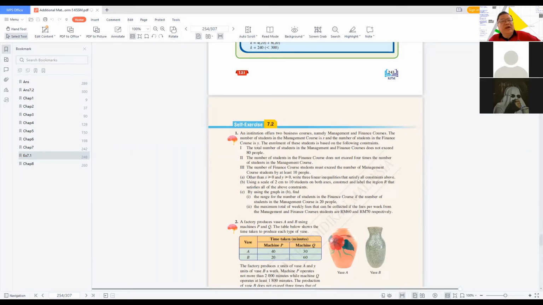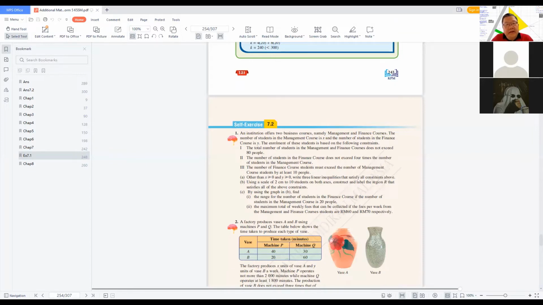Y is the students in the finance course. So I know there are two types of courses. First type management course, second type finance course. You need to know how to identify them.